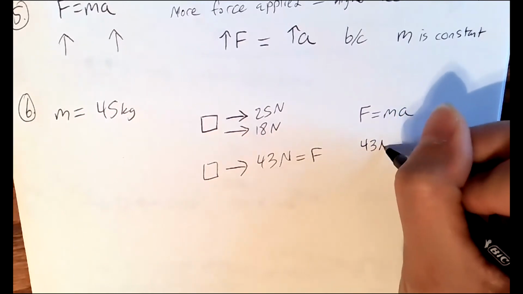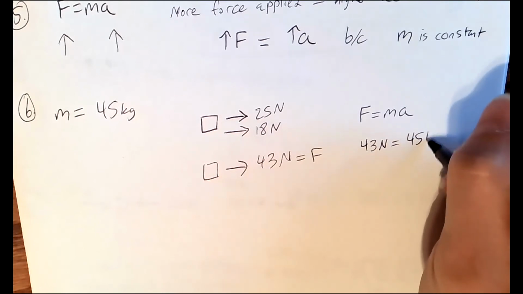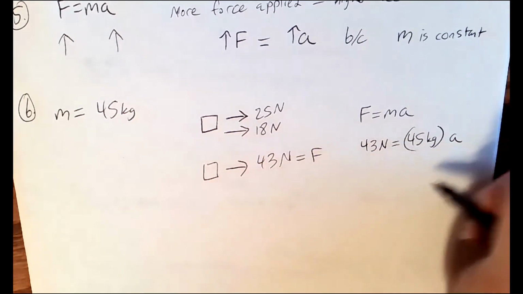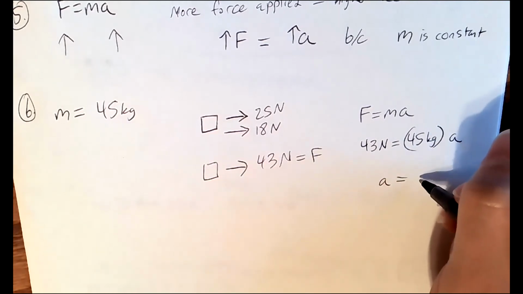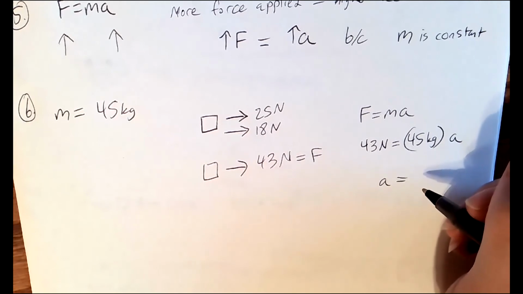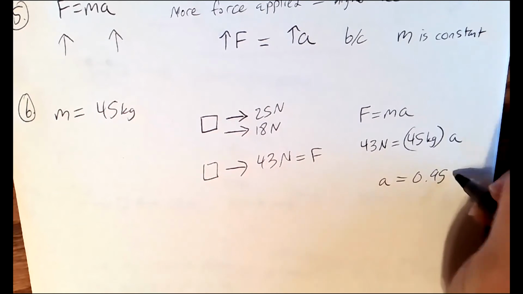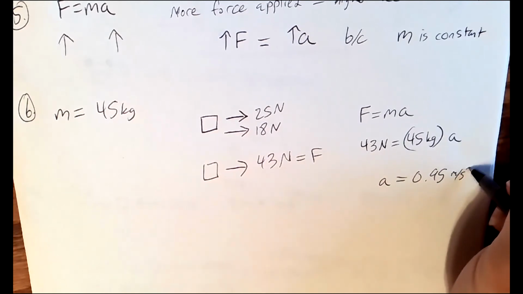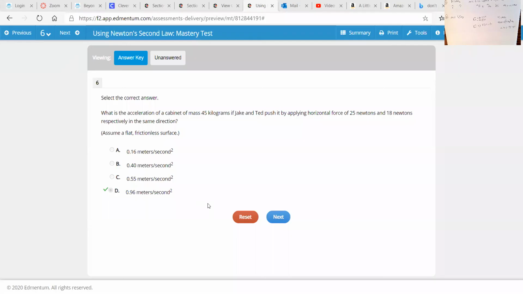F, we know, is 43 newtons now. M is 45 kilograms. So 43 divided by 45 equals A, and that would be 0.95 meters per second squared. And that's the closest one we have right there.